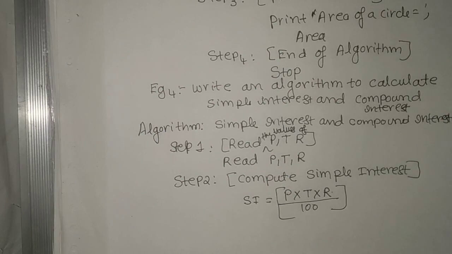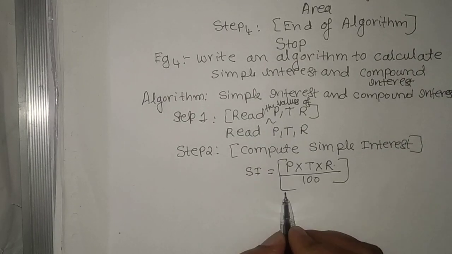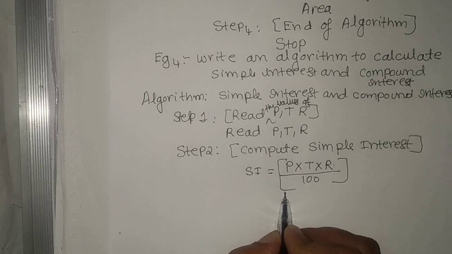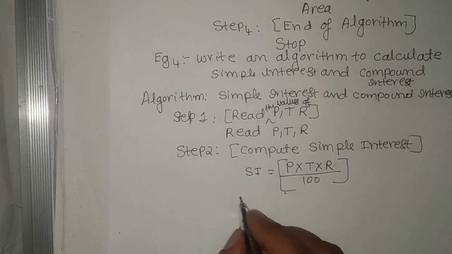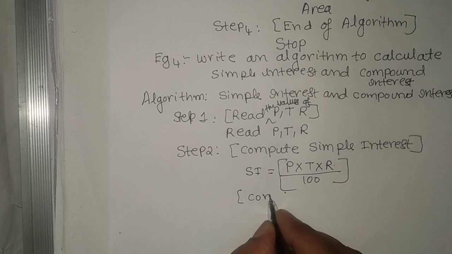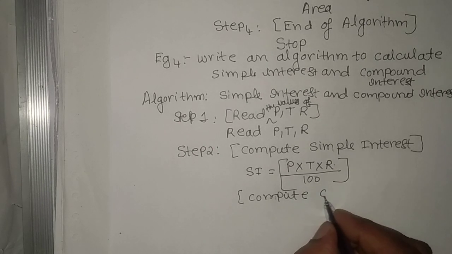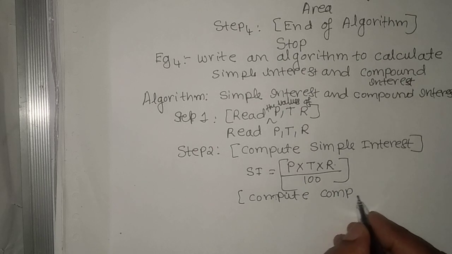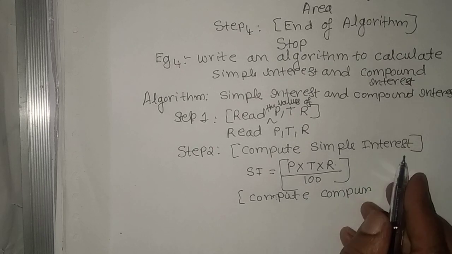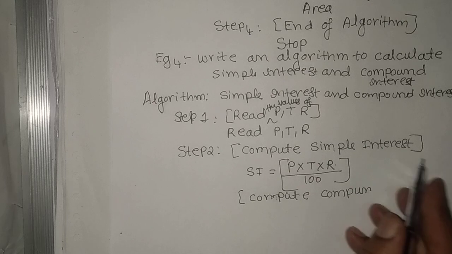So finished calculating. Then step 3, or we can write here only. Here only we can write compute. No need of another step. Compute, or in one statement only, simple interest and compound interest.